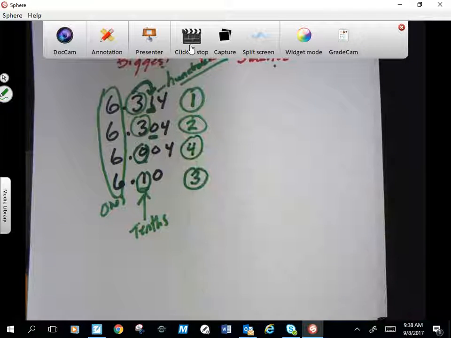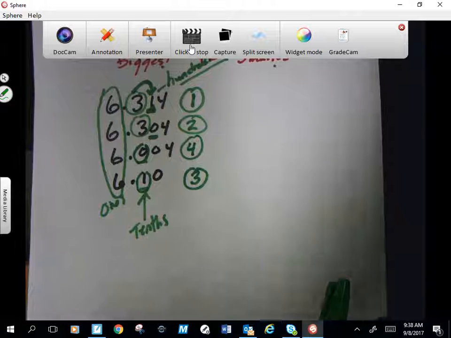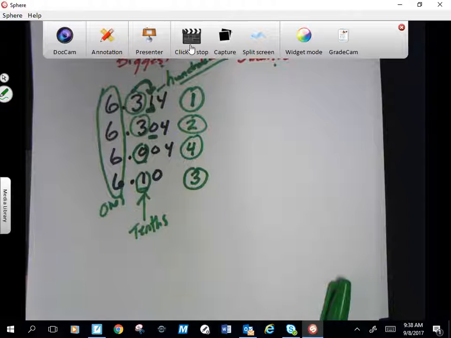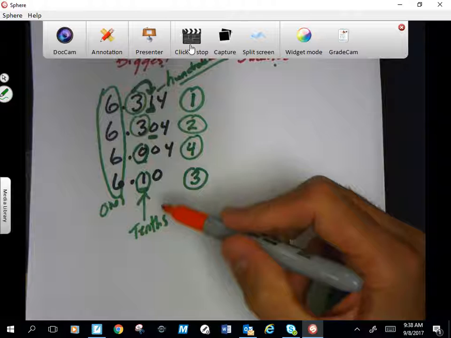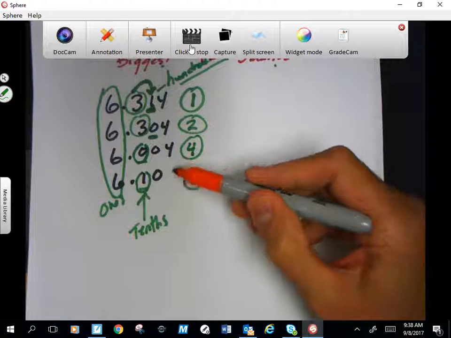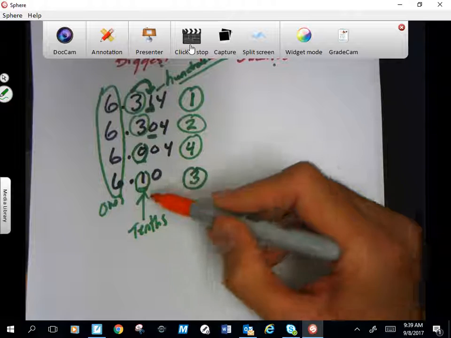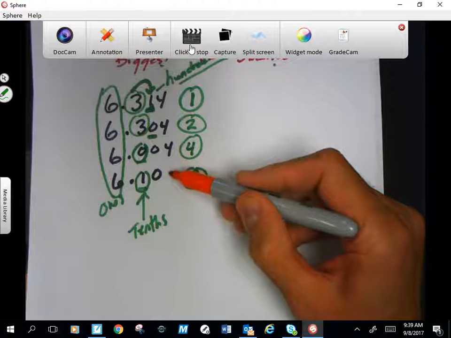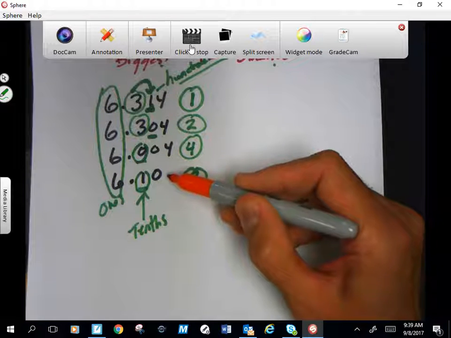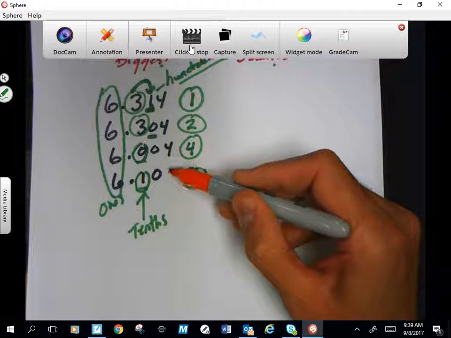Now, I know you have been taught one thing that you can do when you have numbers that go out to a different place value position, such as hundredths and thousandths. What could you have done to this number? 6 and 10 hundredths is also the same as what? 6 and 100 thousandths.